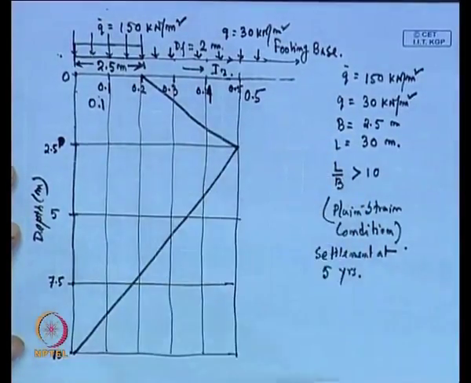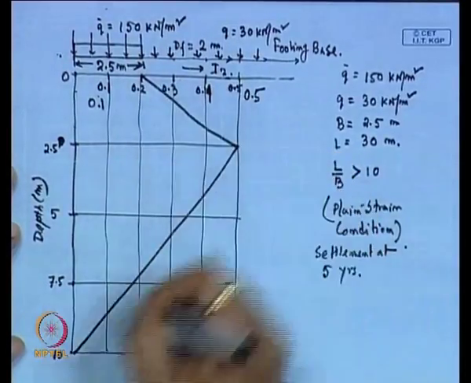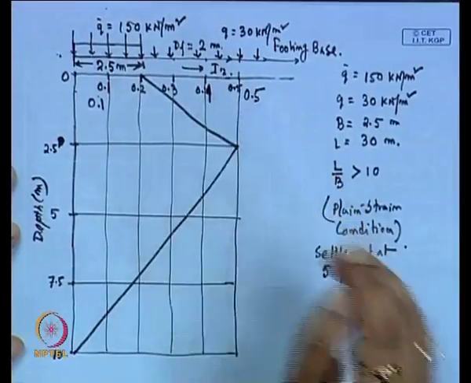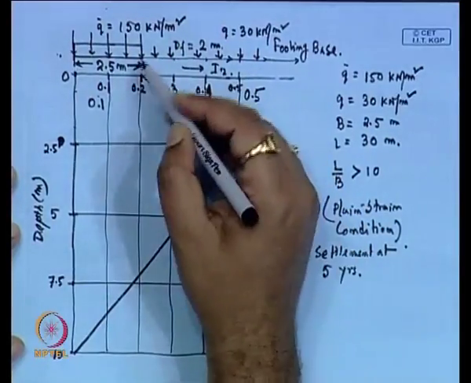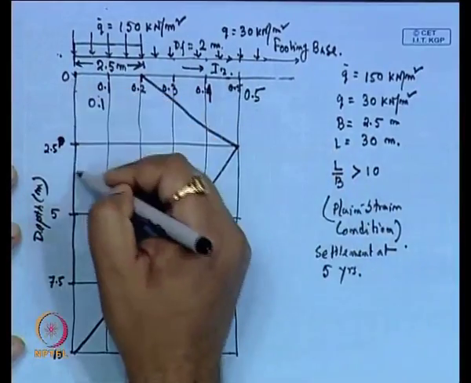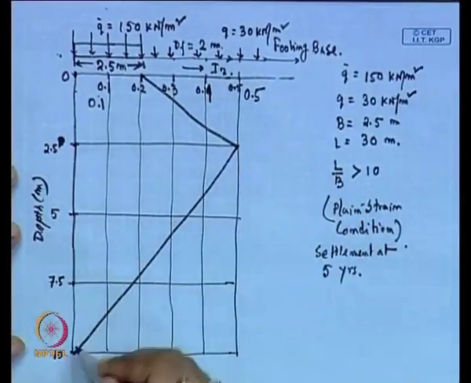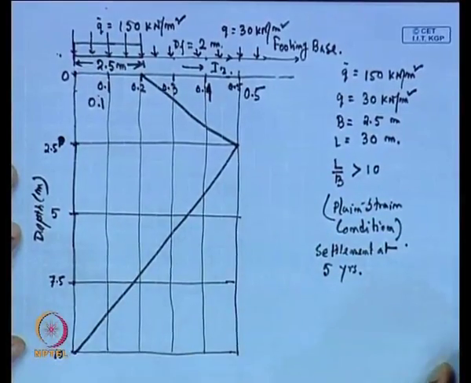Once we have prepared this chart, we will use it to determine the I z value. B 0 is the base of the footing, from here it will start B, 2B, 3B and 4B, because you have to go for the 4B depth.